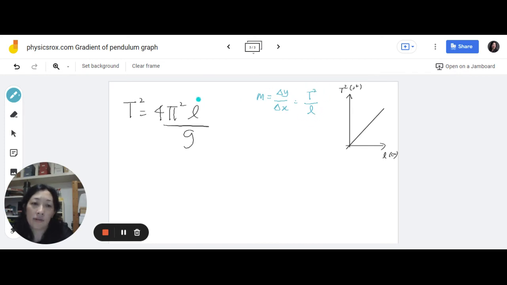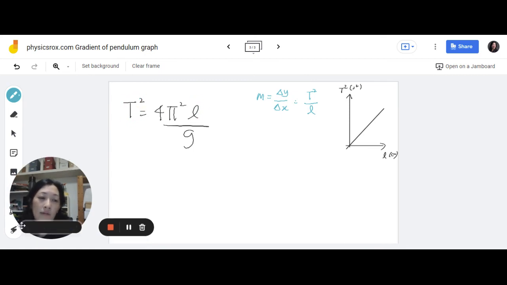So what we're going to do with this equation is rewrite it into this form. That means on the left-hand side, we're going to try to get T squared over L. Over here on the left side, we already have T squared. L is on the right-hand side.